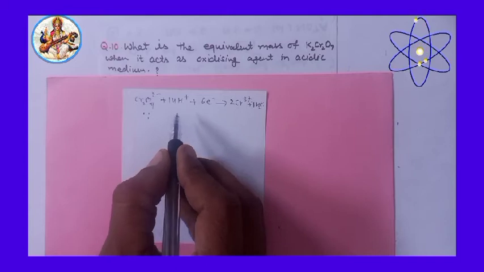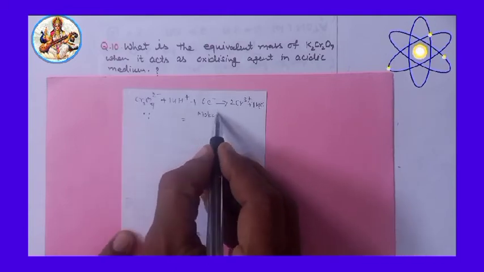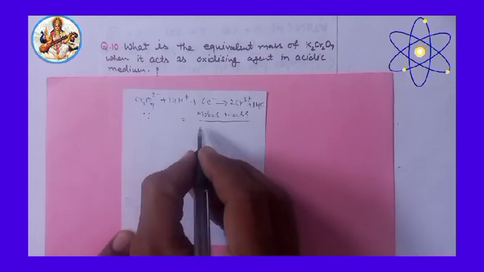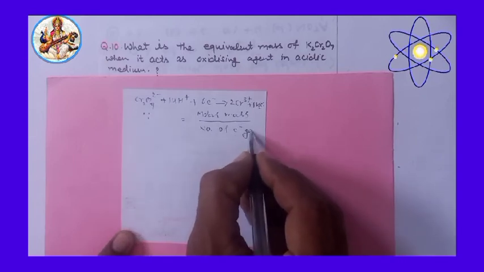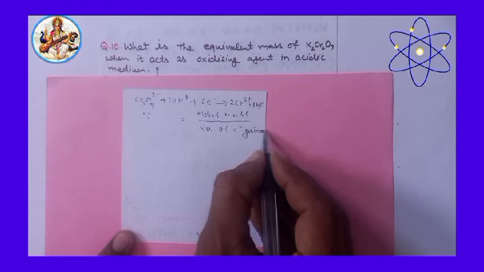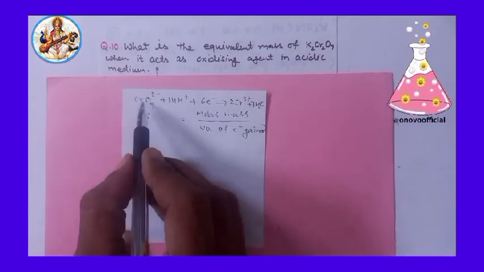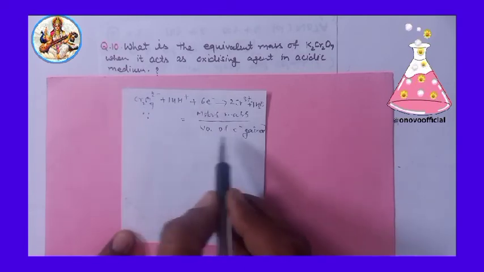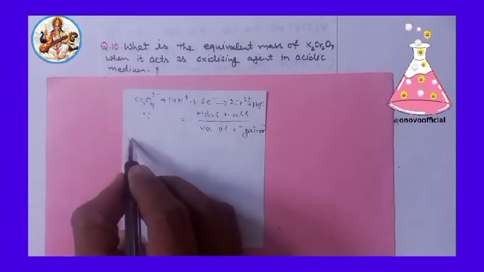Since the equivalent mass of an oxidizing agent is equal to molar mass divided by number of electrons gained. During the reaction, dichromate ions take up 6 electrons, therefore the number of electrons gained is 6.